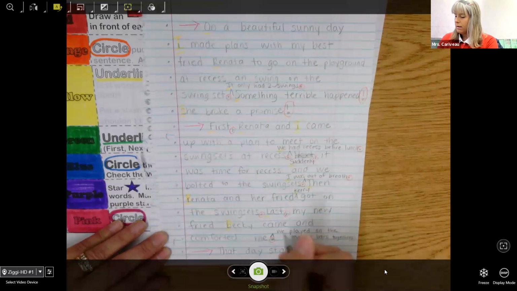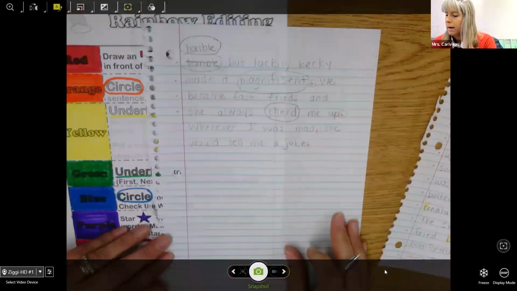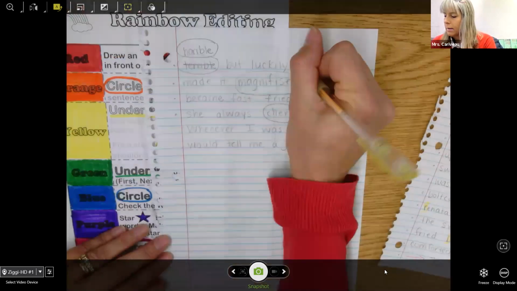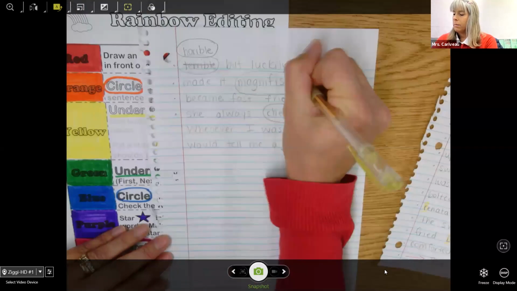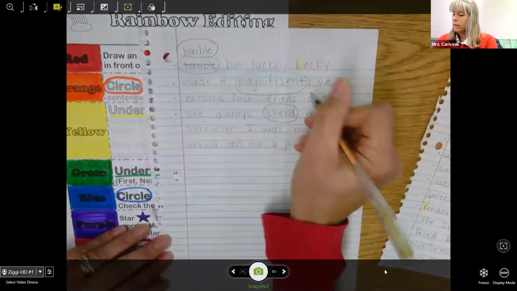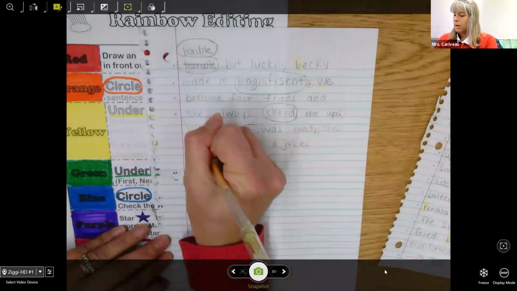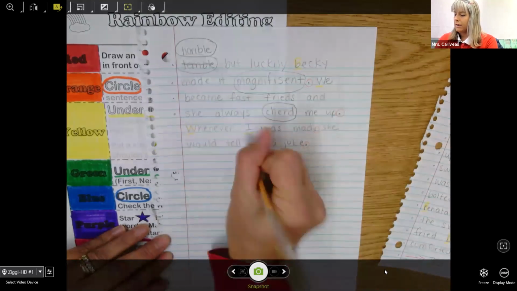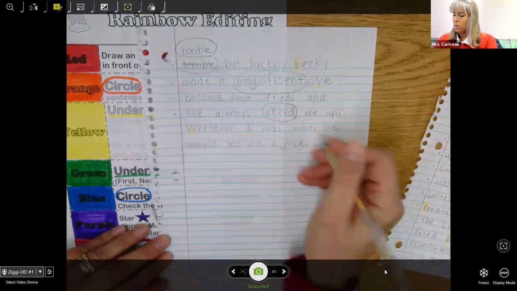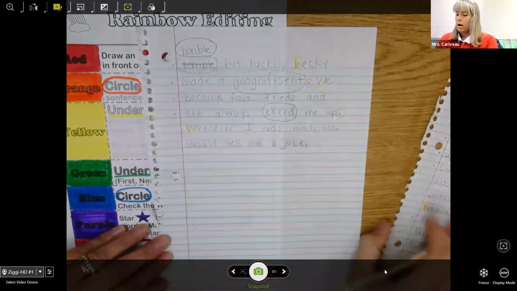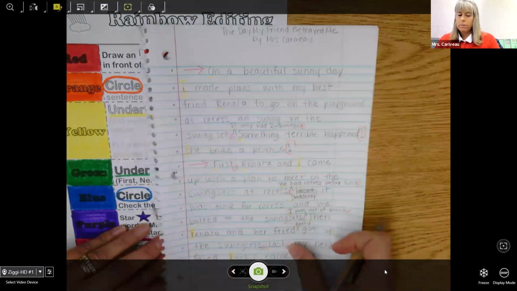Okay, we played on the monkey bars together. That day started out horrible, but luckily, oh, there's Becky's name again. Got to capitalize that. Period, capital. Period, capital. Make sure that's a capital W. Oh, there's I, I remembered I, good. That's a comma, so I'm okay there. Beautiful.